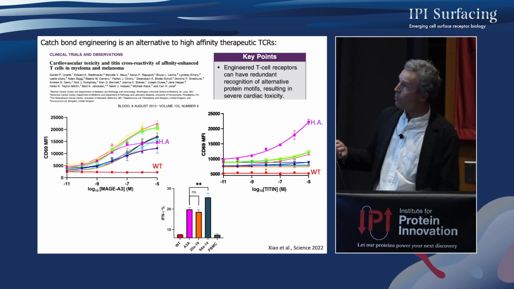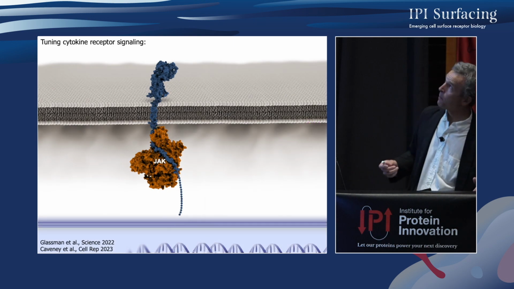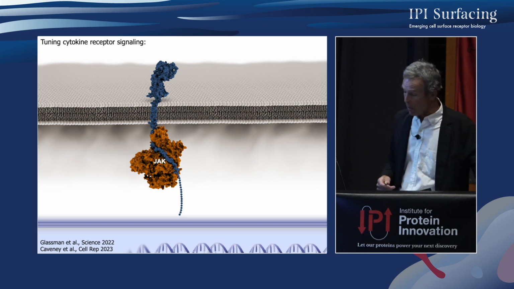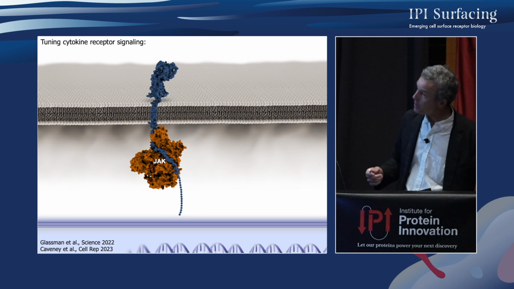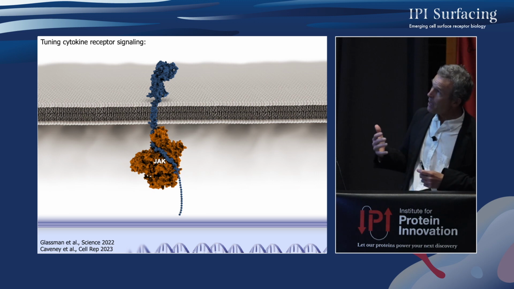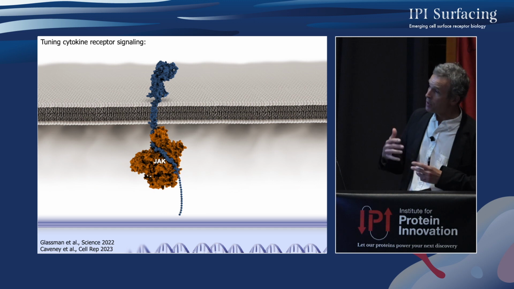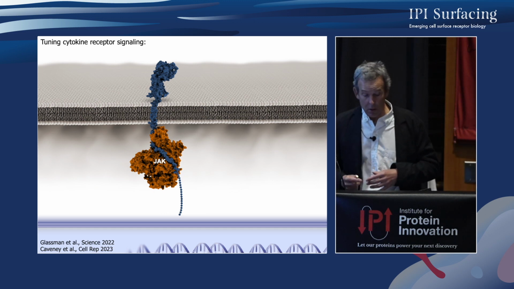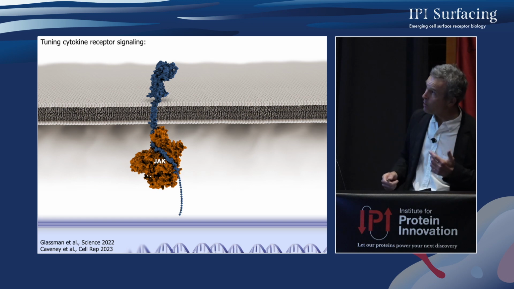So I want to move towards cytokines here, and that's another area I've really been interested in for a long time since I was at Genentech as a postdoc. And we've managed to piece together the signaling pathway, in large part due to some recent advances by Caleb Glassman on the structure of full-length JAK.